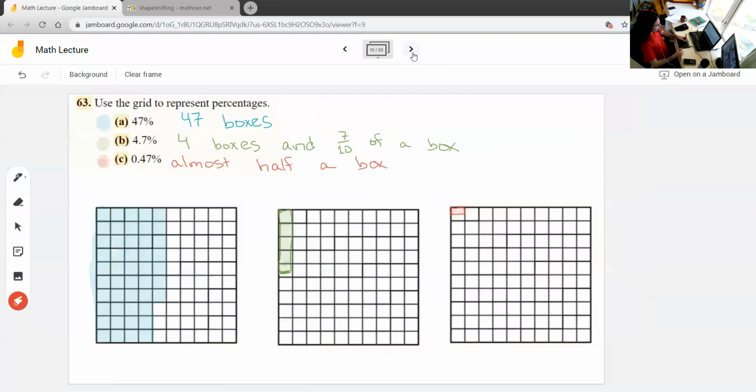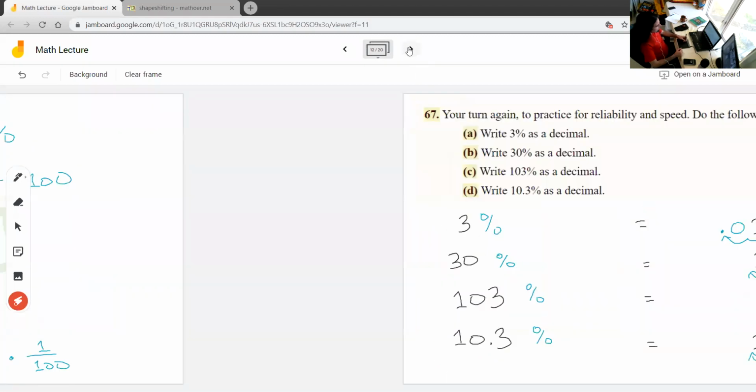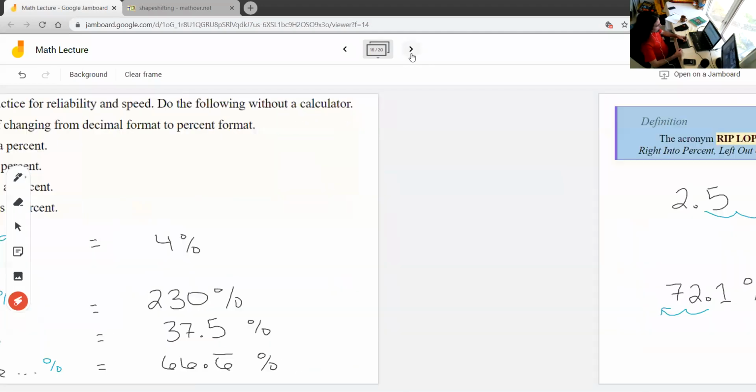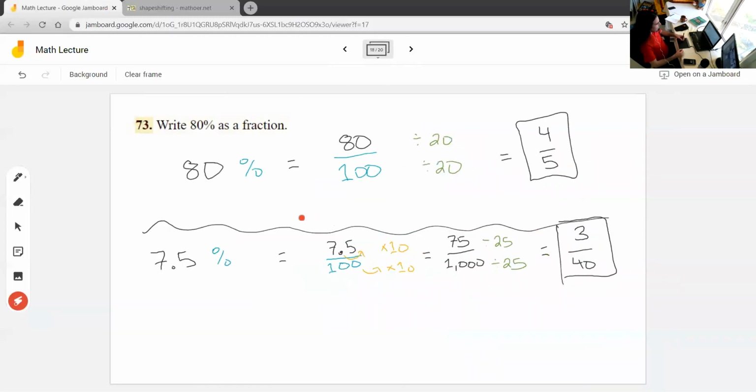It wasn't the right choice when we were trying to go between decimals and percents. But when we're going from a percent to a fraction, then that is the easiest thing because it makes it a fraction right away. And then we just have to reduce it. So I'm taking my percent symbol and I'm replacing it with something else that means the same thing.